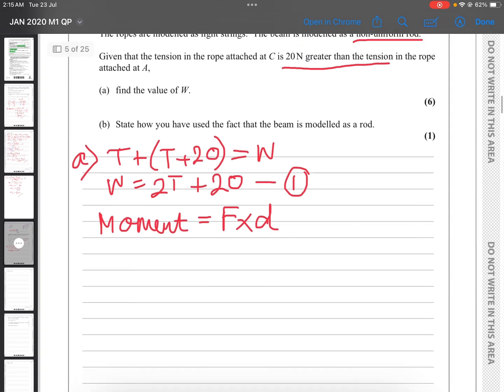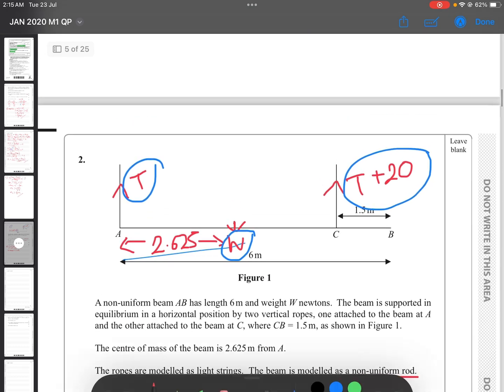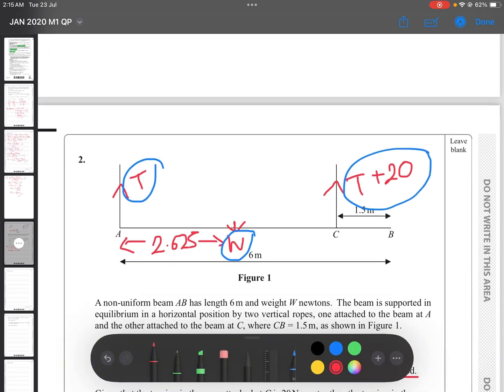Now we are going to consider moments about A, because if I use A, then I won't have to consider the tension over here. I just have to consider this tension T plus 20 and the weight acting down. Now if I take A, the weight is acting down. As it's acting down on A, it's going to make it move clockwise.